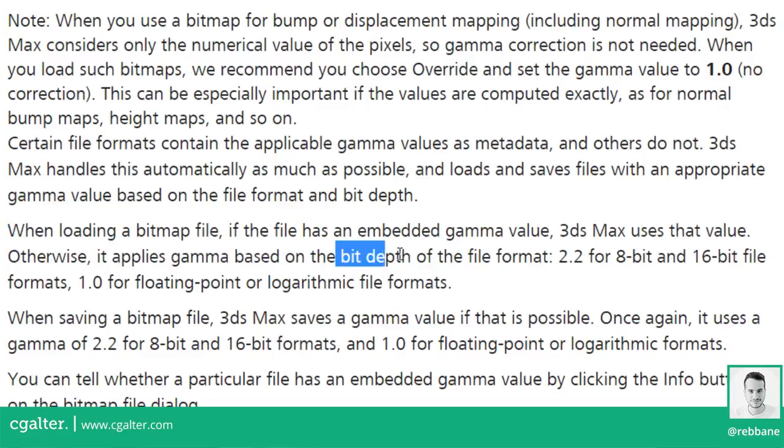The bit depth for a JPEG is 8-bit, and once it finds that it's 8-bit, it's going to apply a 2.2 gamma color management. If it's 16-bit or 32-bit, as in the case of a TIFF or an EXR file, it's going to ignore it, because it's already with a gamma of 1.